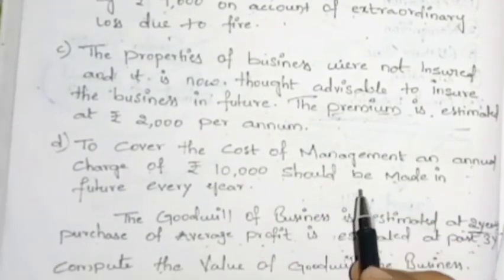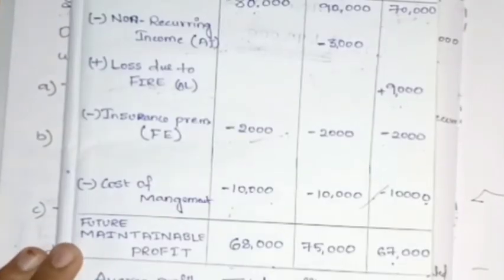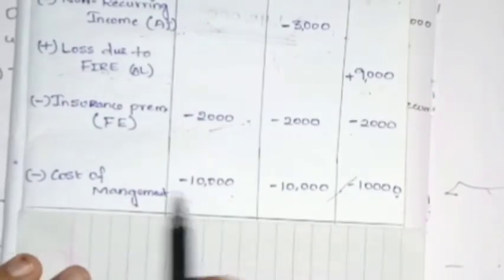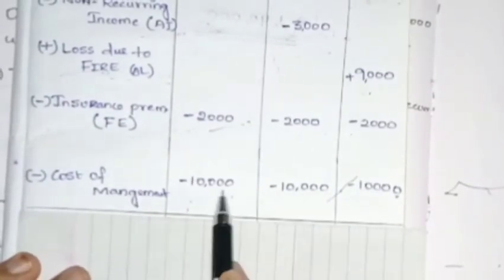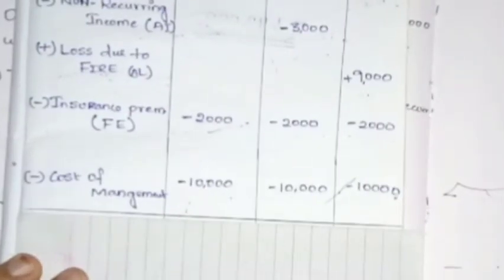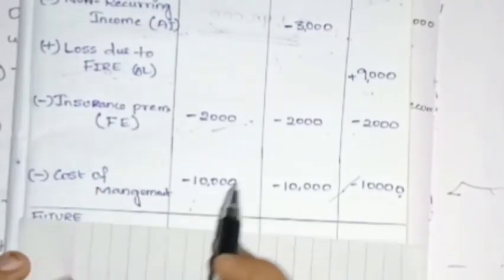Okay, so this will also be subtracted. The cost of management, 10,000, will be subtracted from all years. Fine. Okay, simple, right? So this is the future expense that will be subtracted from all the years. So we have to subtract 10,000 from all the years.